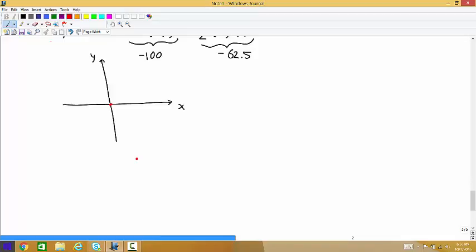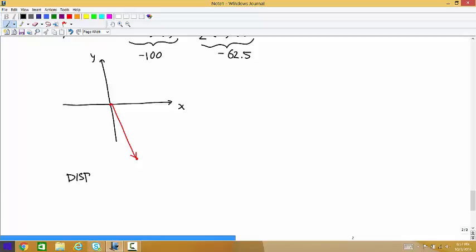So whatever the motion looked like, it started here and ended here. Positions and velocities and accelerations, the signs are just part of the direction. Time is the only one that can't be negative.